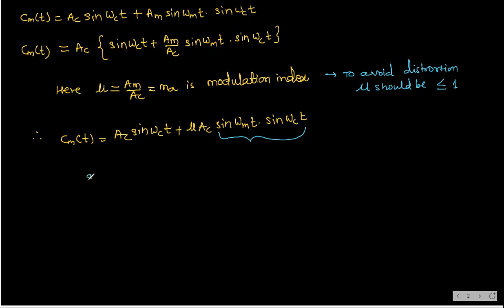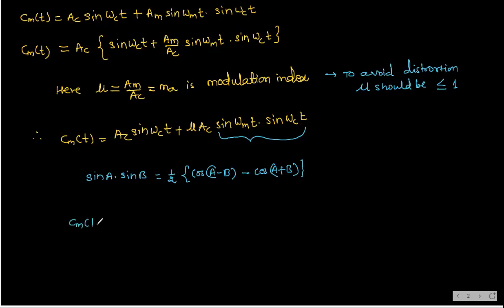This is the formula: sin A into sin B is equal to 1 by 2 into cos of A minus B minus cos of A plus B. Is that clear? Sin A into sin B formula I am using.